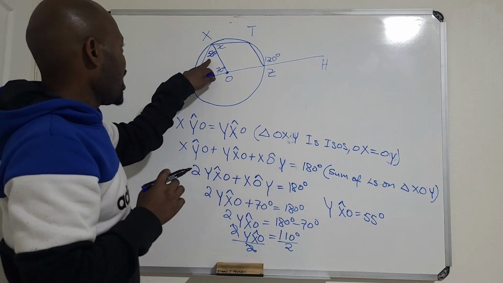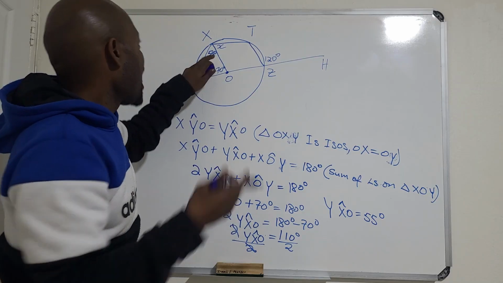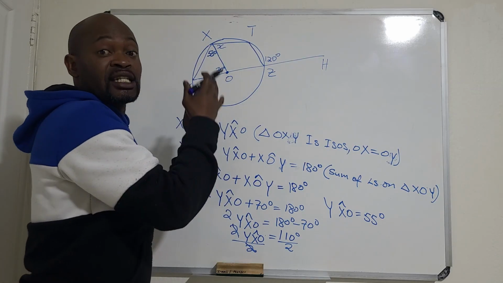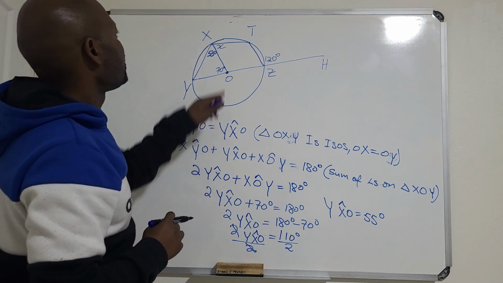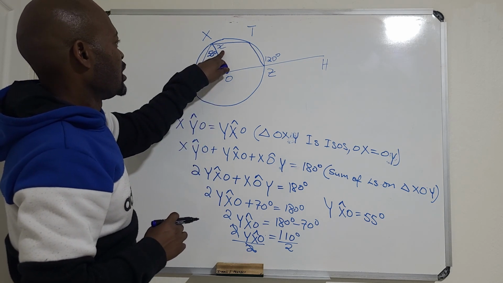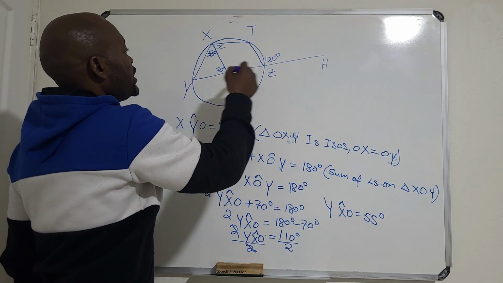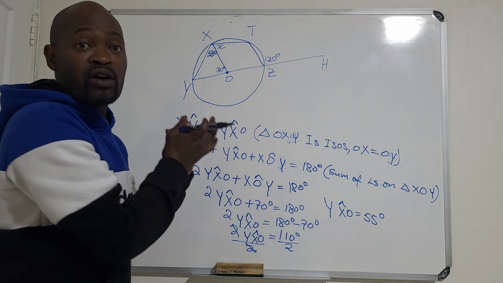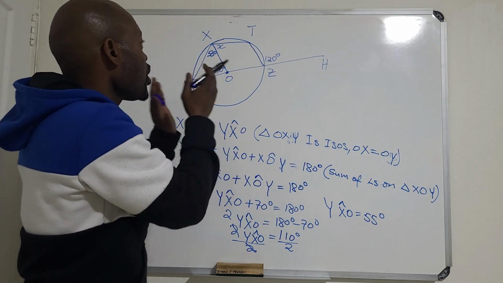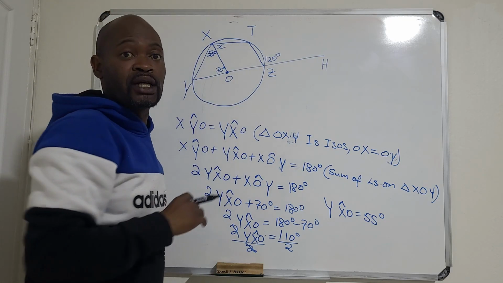Most times when I get the angle there, I write it so that I can see what I have already. Now, I can find x. And how do I find x? X, Y, Z, T are points on the circle. So if they're points on the circle, it means that this is a cyclic quadrilateral.